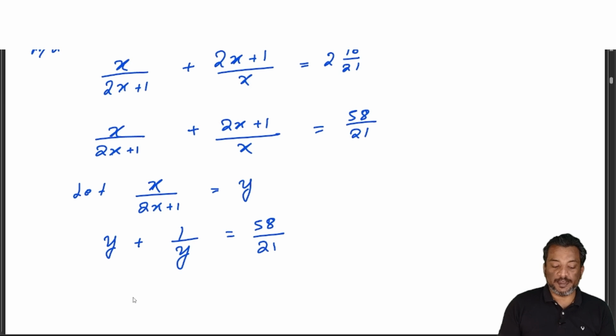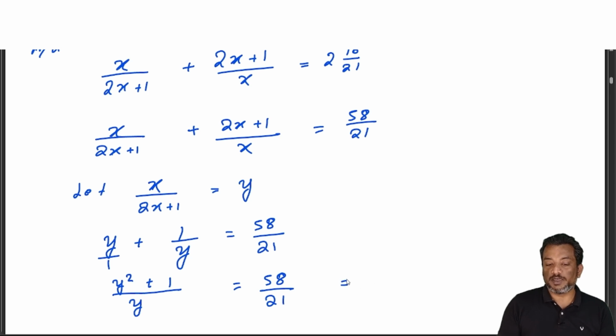Now you can take the LCM. So here you will get y, and this 1 has denominator y. So y divided by y and then multiply, so y square plus 1 over y is equal to 58 over 21. You will do the cross multiplication.